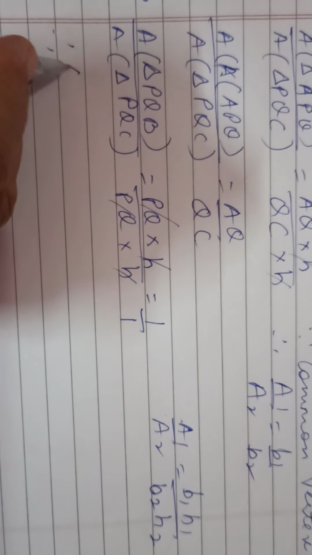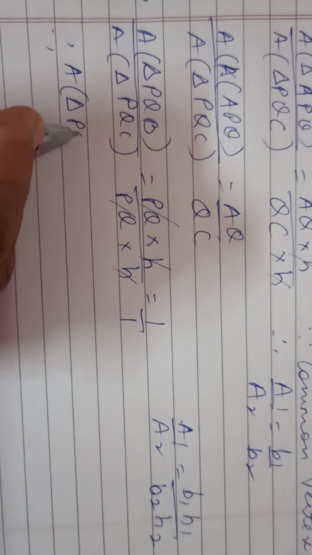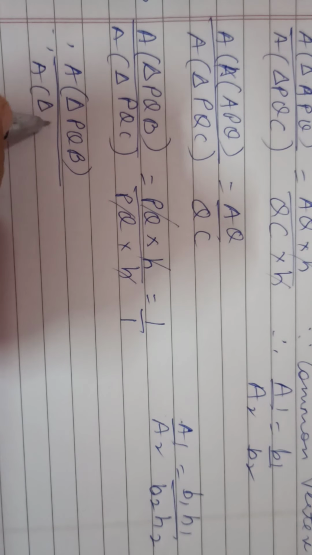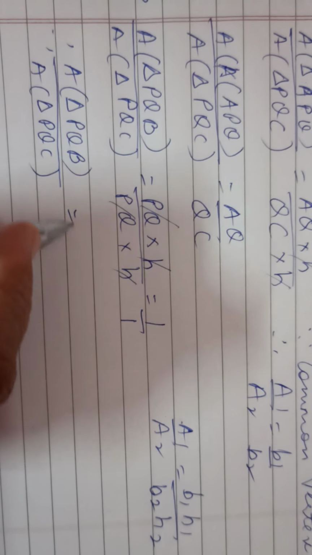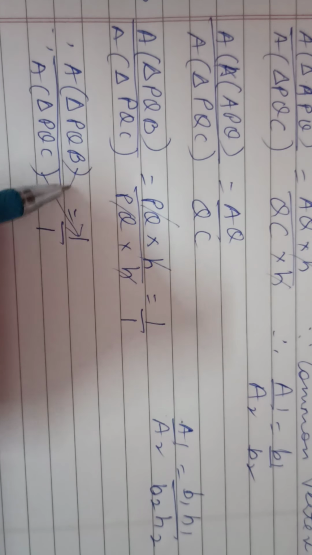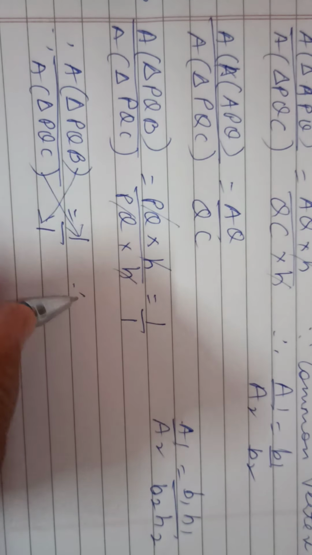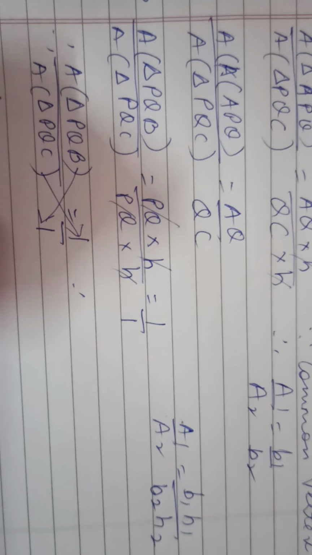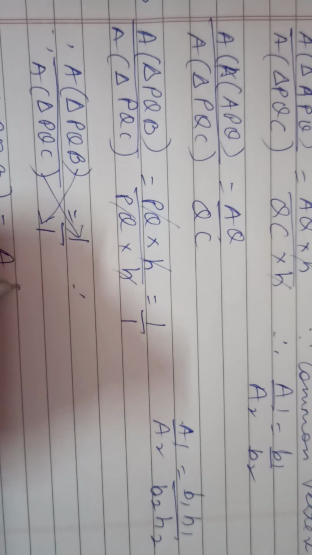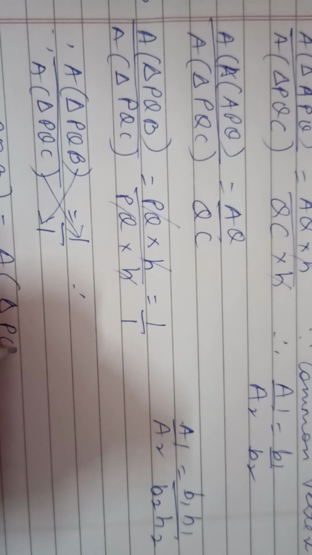Therefore, area of triangle PQB upon area of triangle PQC is equal to 1 upon 1. If we cross multiply this, what we get? Area of triangle PQB is equal to area of triangle PQC.